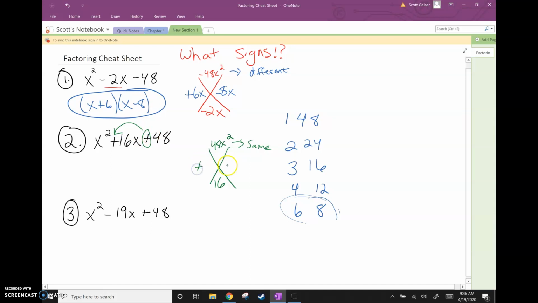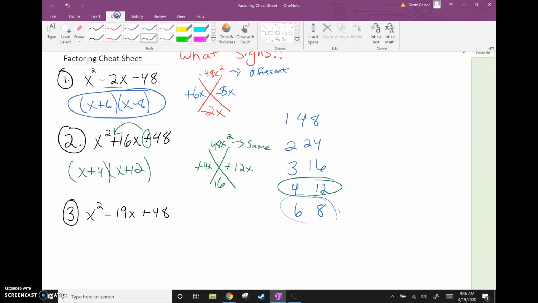So I'd have a plus and a plus. The ones that will give me a 16 would be a 4 and a 12. So I have 4x, 12x, and I can plug them in. x plus 4, x plus 12. Again, look back: 4 plus 12 is 16, 4 times 12 is 48.